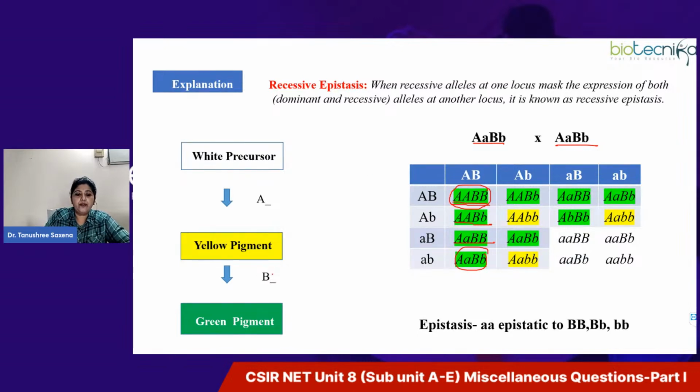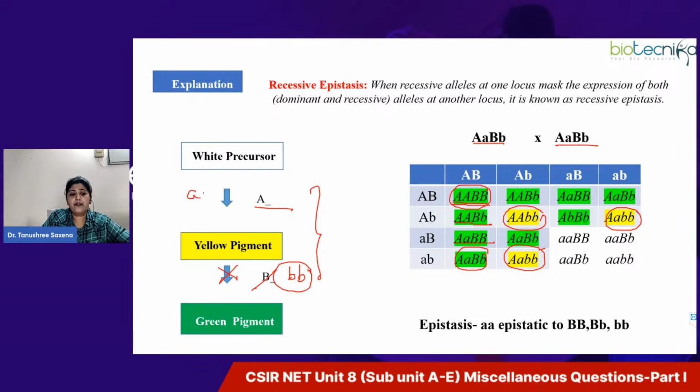If you have the B allele mutated, so A in homozygous or heterozygous, but B is mutated, the pathway will be blocked here. So in that case, you'll get yellow pigment. If this is the genotype, you'll get yellow pigment, which is shown here. So wherever you have the B allele, the recessive allele, in homozygous condition, you will get yellow pigment.